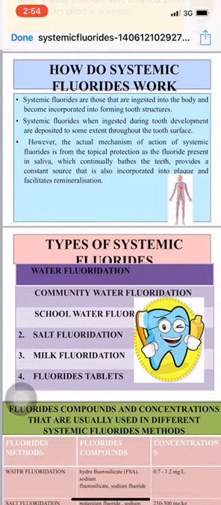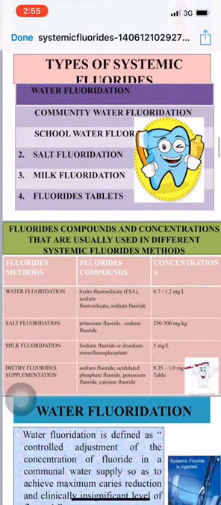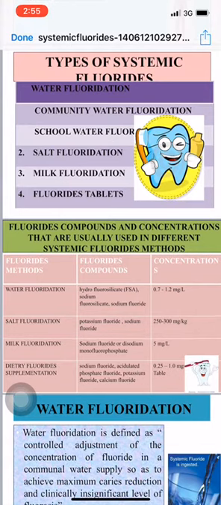Water fluoridation, community water fluoridation, school water fluoridation, salt fluoridation, milk fluoridation, and fluoride tablets. إذن هاي الأنواع اللي احنا اللي هي الووتر فلوريديشن اكو بالديفلوبد كونتري انه كوميونيتي ووتر فلوريديشن. احنا كان سابقا عندنا بالعراق هذا الشيء، وسكول ووتر فلوريديشن ايضا كان سابقا عندنا وحاليا ما متوفر. ومن ثم هاي الأنواع الأربعة اللي هي من خلالها يتم العمل على systemic fluoridation.